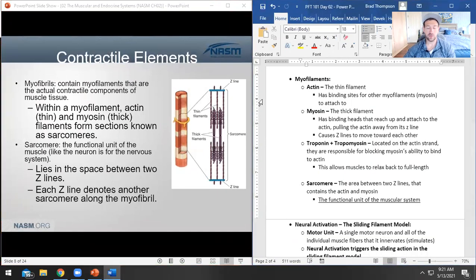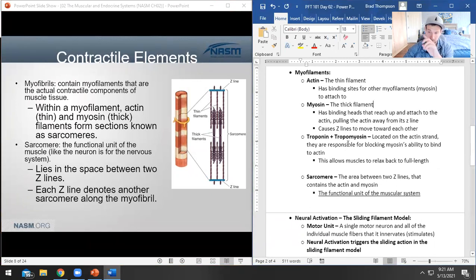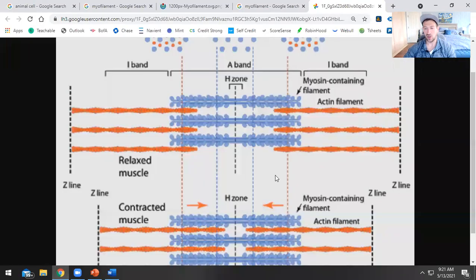So if we're going to label these myofilaments, if we're going to understand what these little proteins are, the first one is going to be called your actin. And actin as a protein is basically this little thin strand right here, right? Remember I mentioned it has all those little binding sites. So these thin strands are little actin filaments, right? Here are three little actin filaments right here.